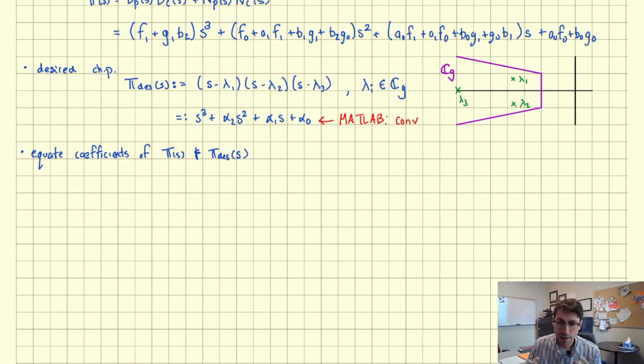So in other words, we'll look at the s cubed terms, compare them, make sure that the coefficient is the same. Look at the s squared terms, compare the coefficients, set them equal. If you do that, you get this nice equation.